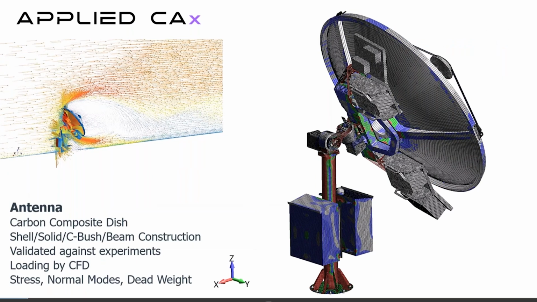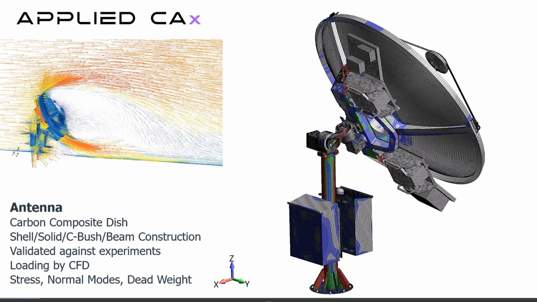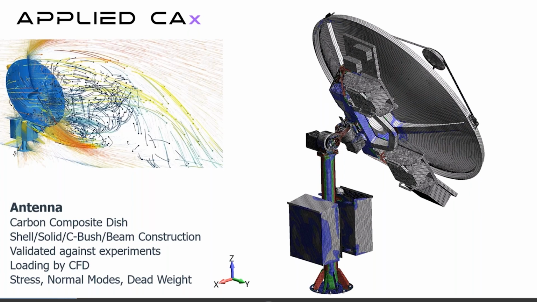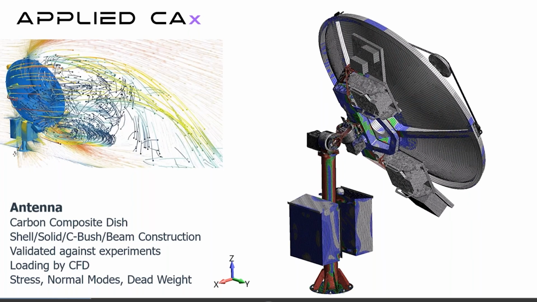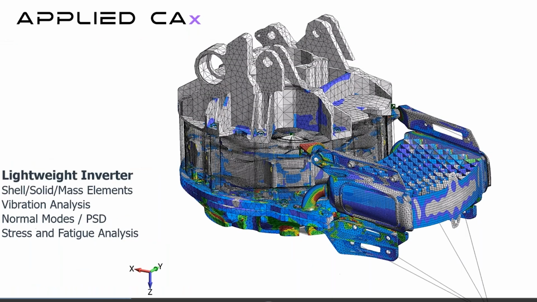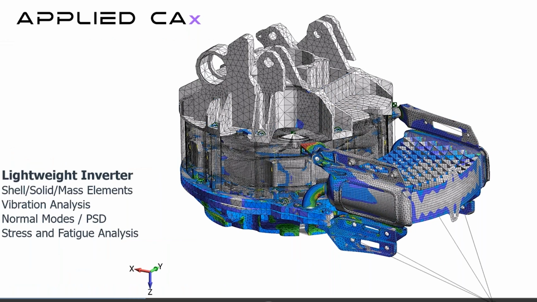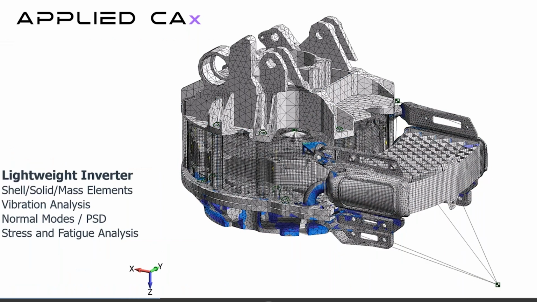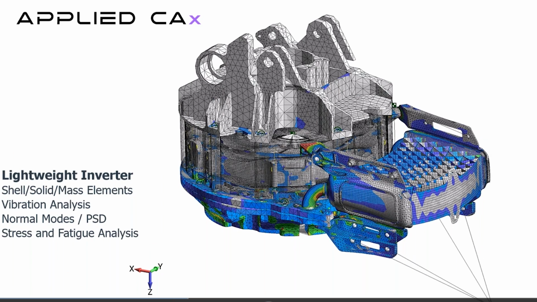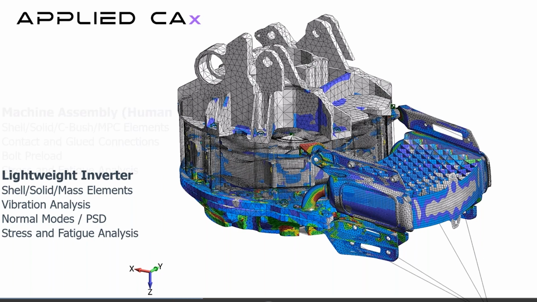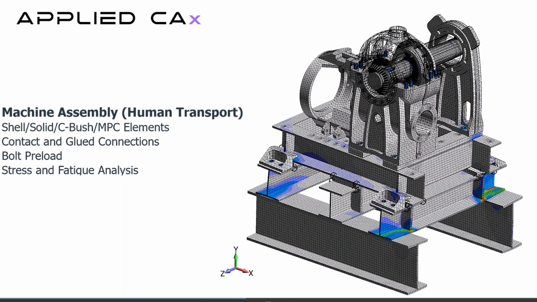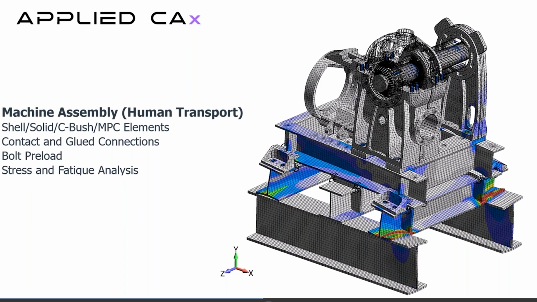Composite antenna. This is the power of Femap. Multi-physics, solver agnostic, taking data from STAR-CCM+, mapping it to the model, stress analysis. This is a lightweight inverter for an electric airplane. Classic Femap gig, door modes, PSD, everything. Machines, contact, glued connections, bolt preload, stress and fatigue.